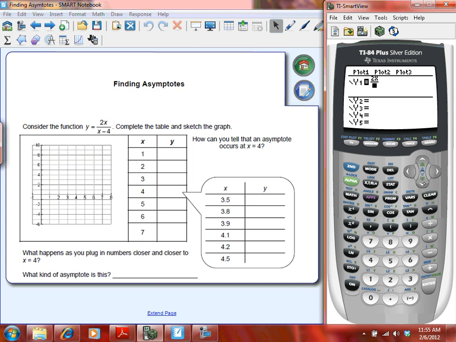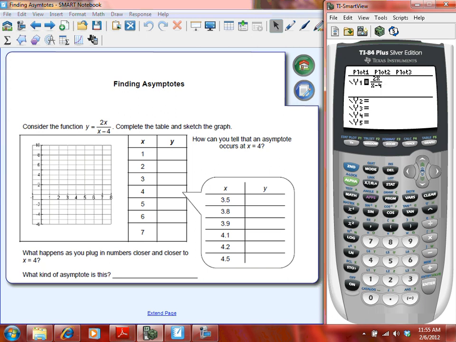Hit your down arrow key so we can type in the denominator, and that denominator is x minus 4. I'm just going to hit the right arrow key so that I can see the fraction, 2x over x minus 4. Everybody got it typed in just like I have it?